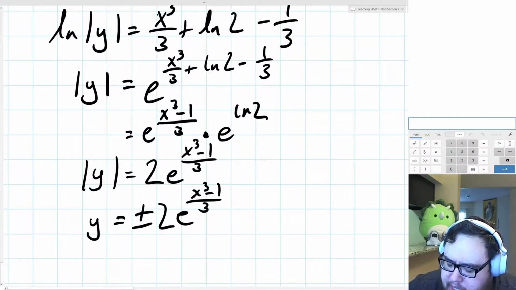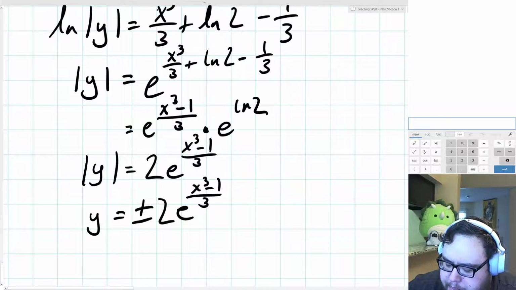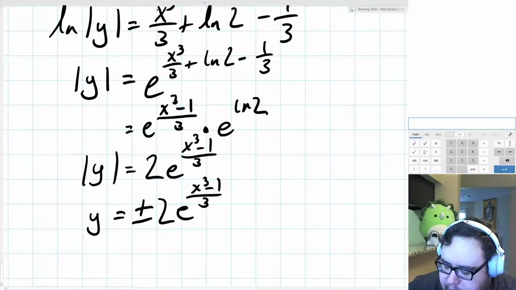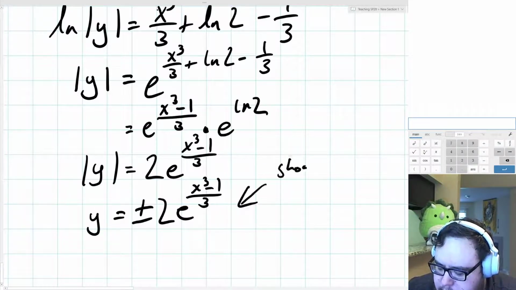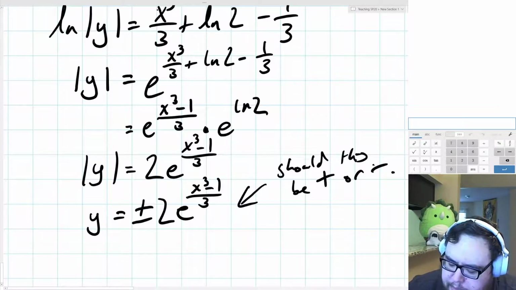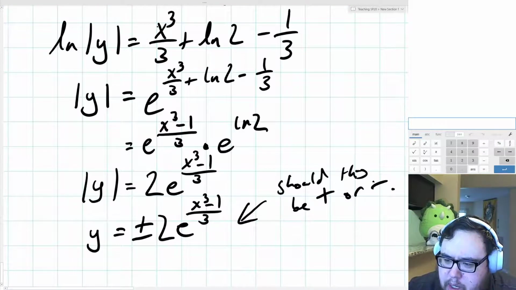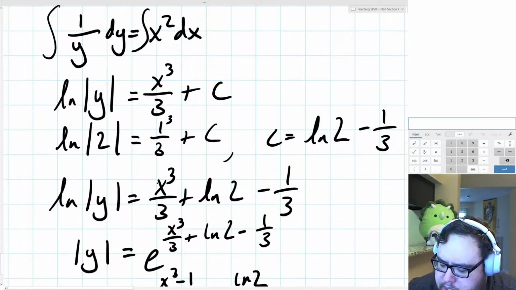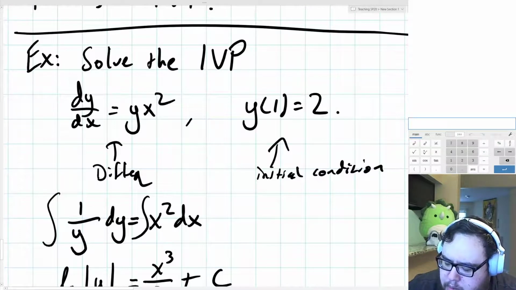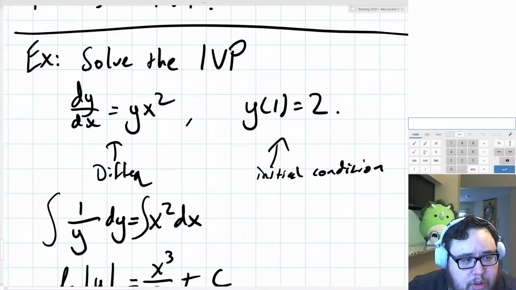And we just need to decide now what our sign is here. Is it a positive sign or a negative sign? Well, we can go back up to our initial condition. Our initial condition was that when we plugged in 1, we should get 2, right?